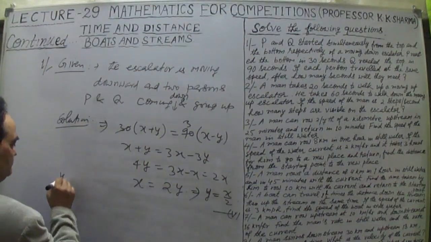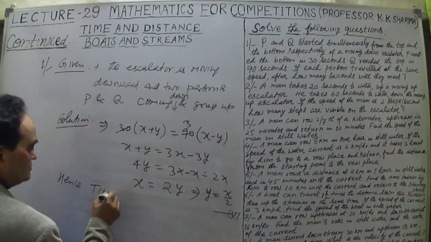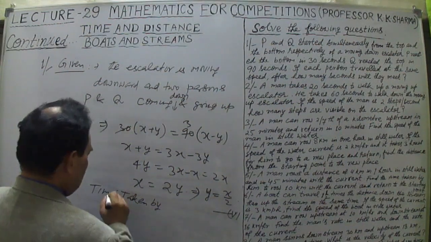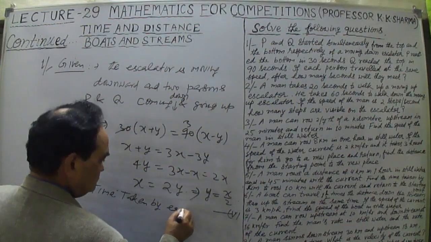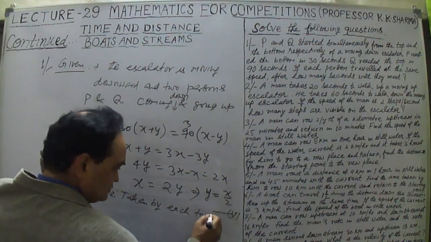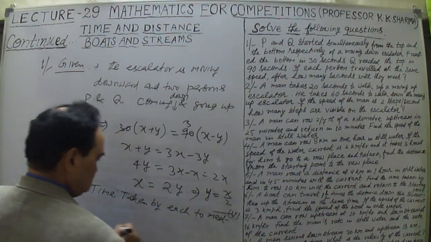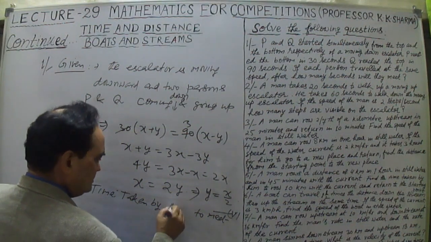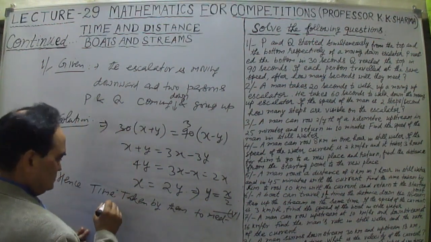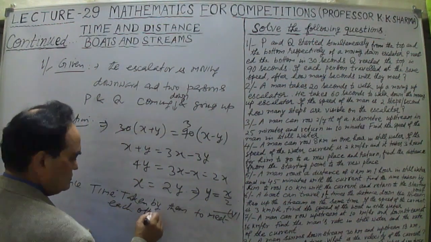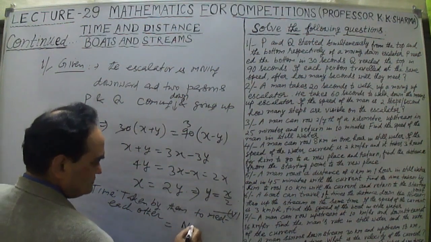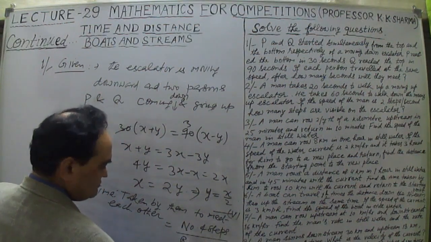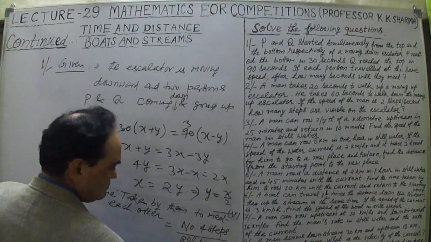Hence, the time taken by them to meet each other is equal to the number of steps divided by the relative speed.